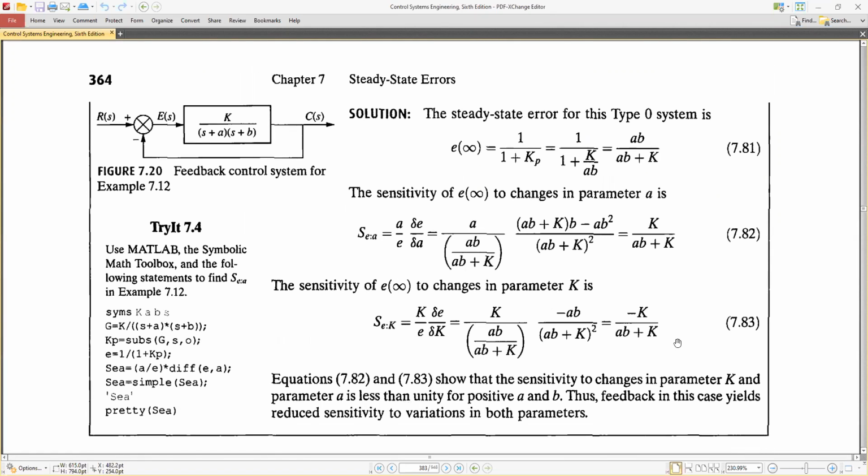So see, K is less, a is higher. Since it is minus, so the less. Thus the feedback in this case reduces sensitivity to variation in both parameters. So if you change the parameter, then the sensitivity will change.